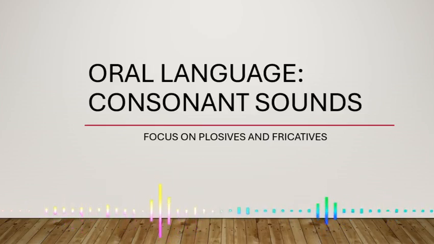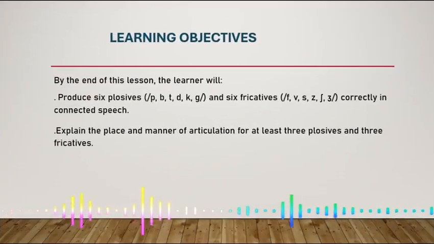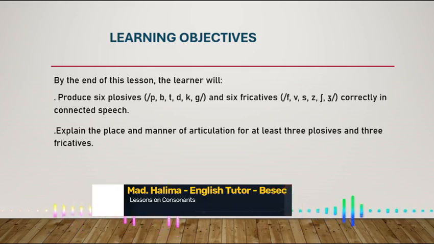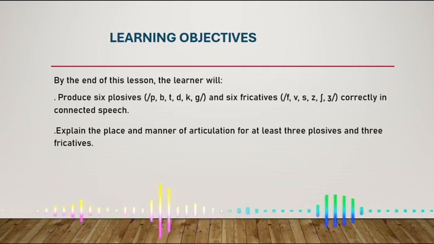We will be delving into the world of consonant sounds with our emphasis on plosives and fricatives. By the end of this lesson, you will be able to produce 6 plosives and 6 fricatives correctly in connected speech.